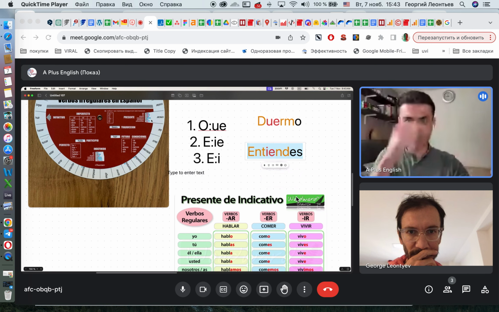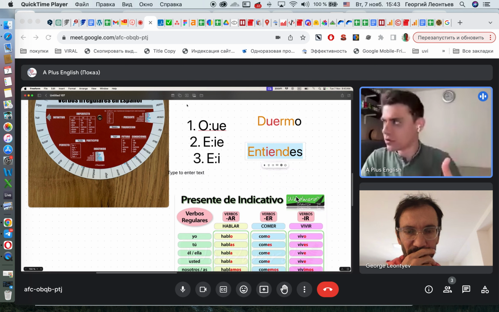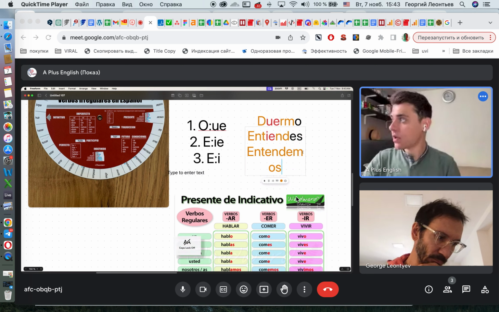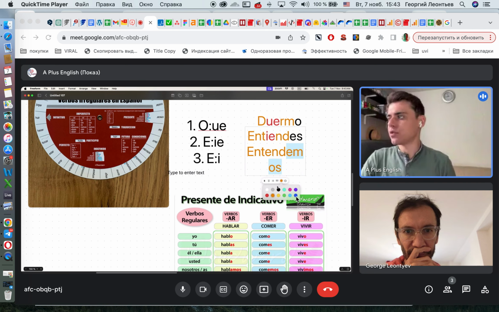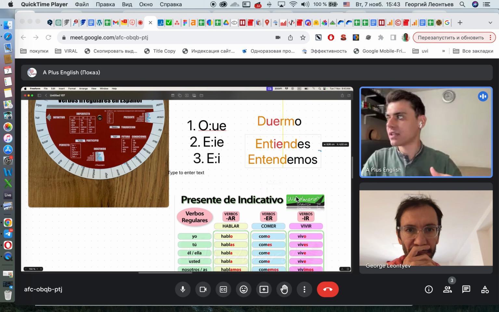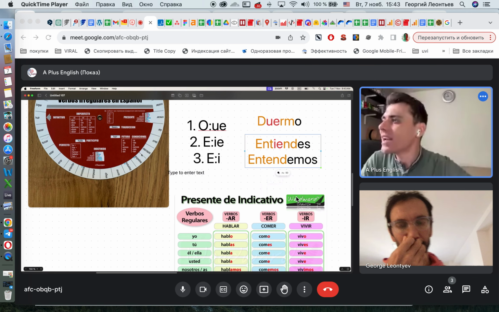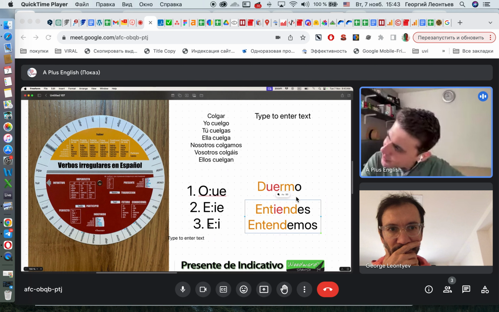Nosotros goes back to the original. It doesn't stem change, so it's entendemos. Then the rest of it is vosotros entendéis and ellos, ellas, ustedes entienden. So these are called stem-changing verbs. What is an example of number 3? Maybe you should have the verb.